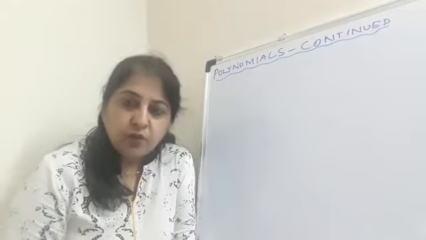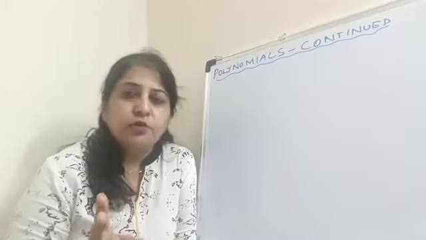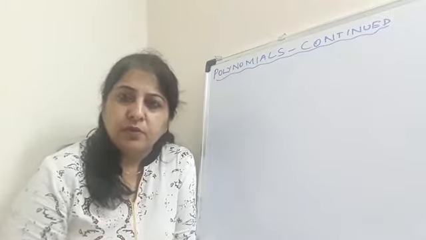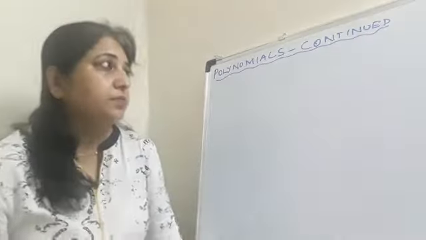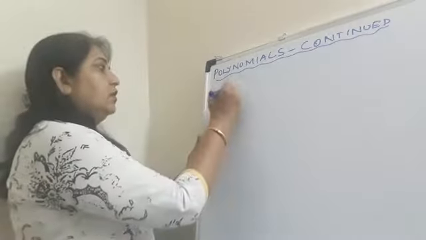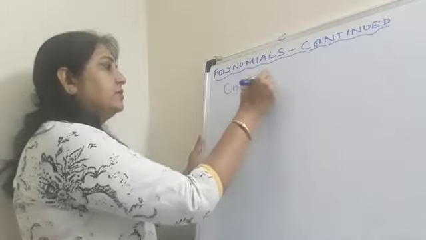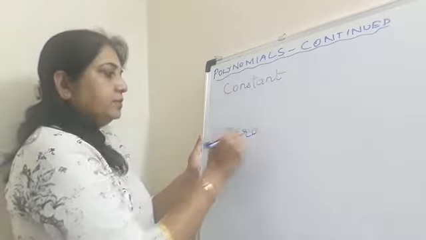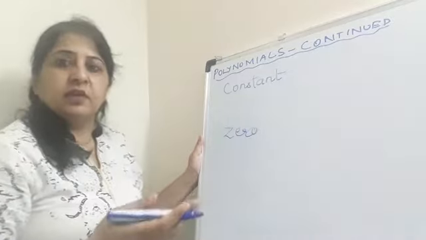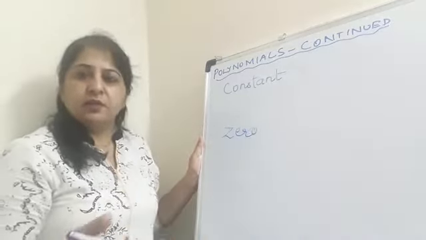Right now, today I am going to tell you about two more polynomials which I couldn't discuss yesterday, and those are constant polynomials and the zero polynomial. Okay, now we have done linear, quadratic, and cubic.